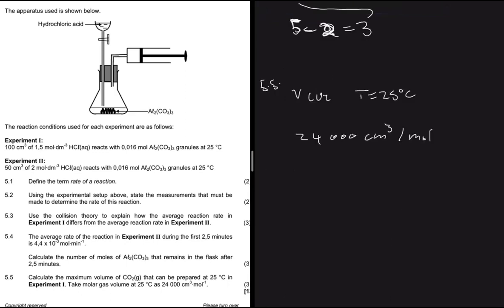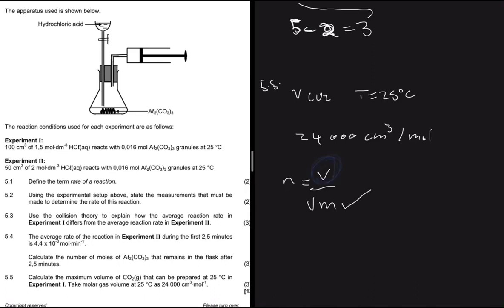Okay, we know that the number of moles can also be given by the volume divided by the molar gas volume. So that is n equals V divided by Vm. In this question we are given Vm, the molar gas volume, as 24,000 centimeter cube per mole, and the question says let's find the maximum volume.